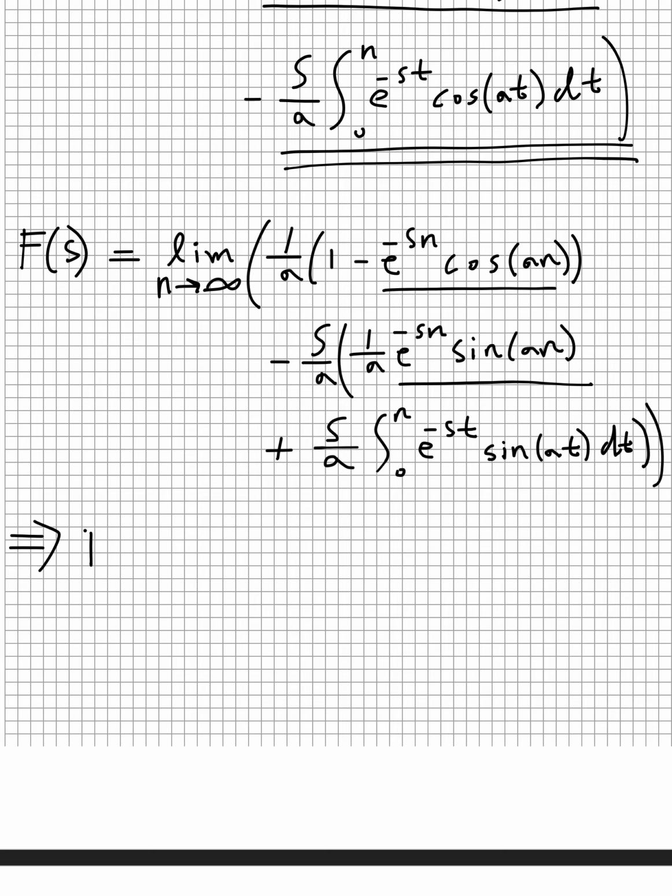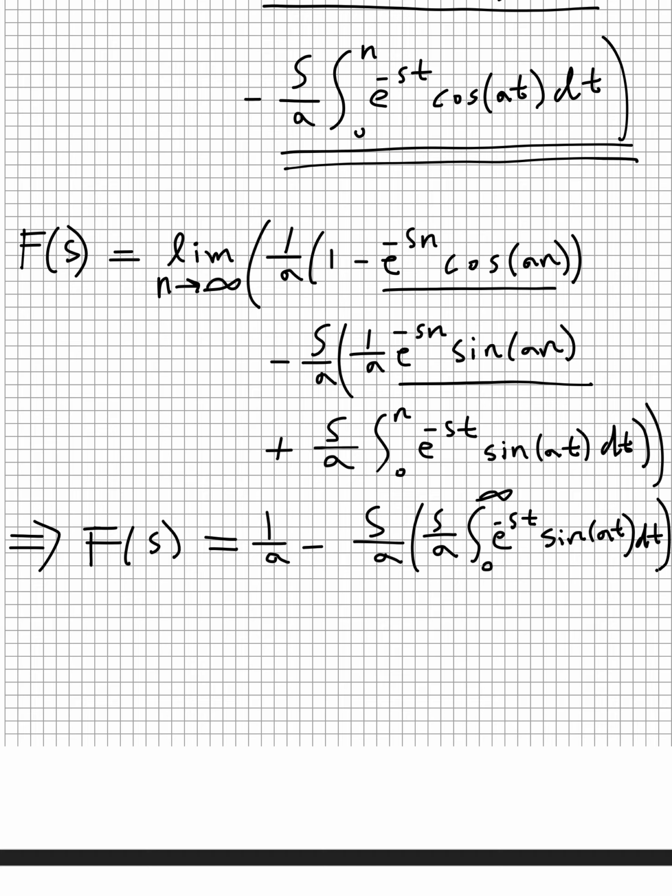And if you simplify correctly, you should see that capital F of s is equal to 1 over a minus s over a, times s over a times the improper integral from 0 to infinity of e to the minus s times t times the sine of at dt.